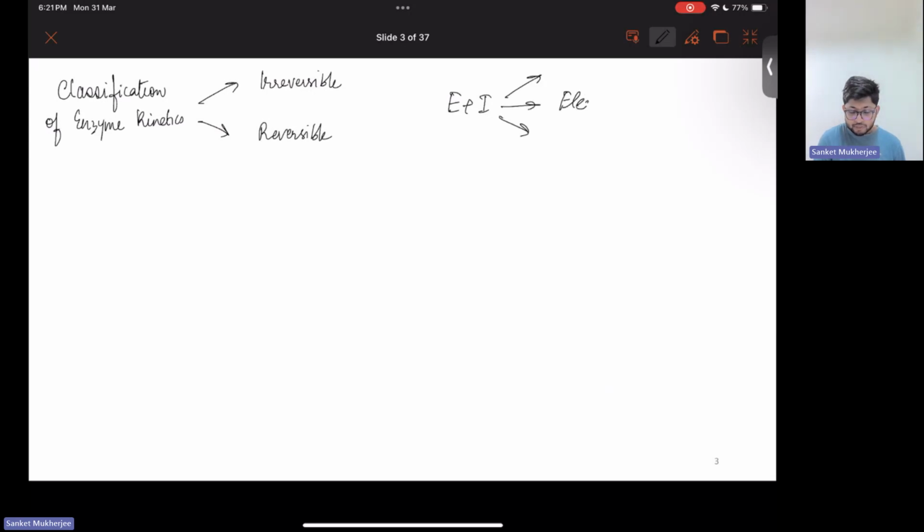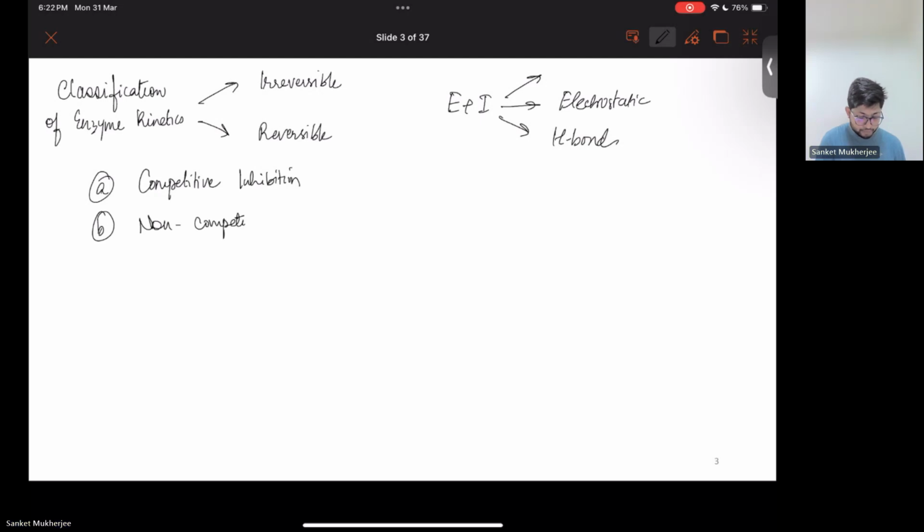It could be electrostatic bonds. It could be hydrogen bond, stuff like that. And it can be either a competitive inhibition, especially the ones which are reversible, non-competitive inhibition, and of course, the third one is uncompetitive inhibition.